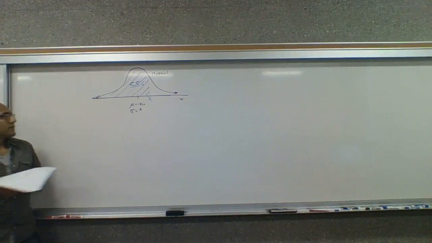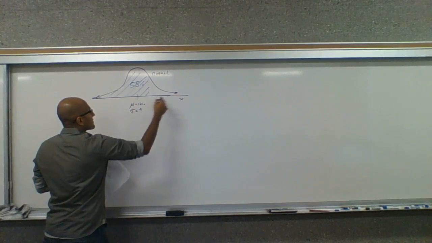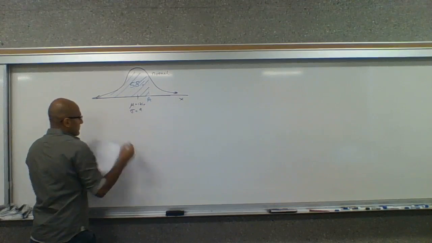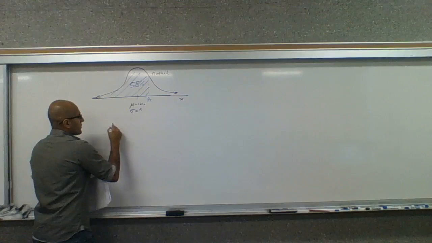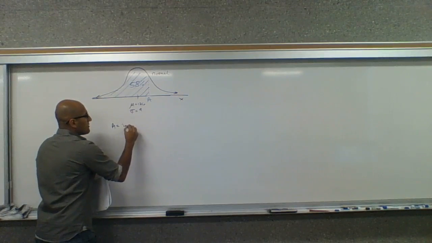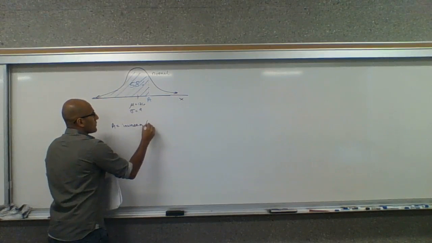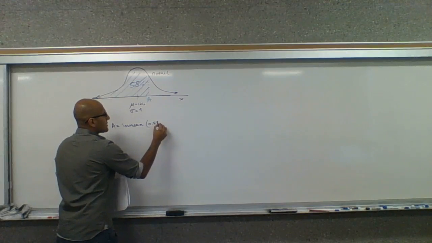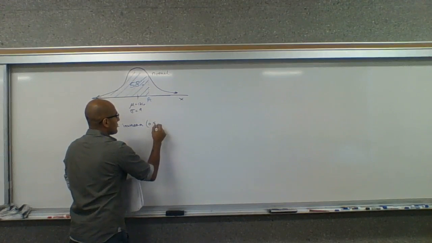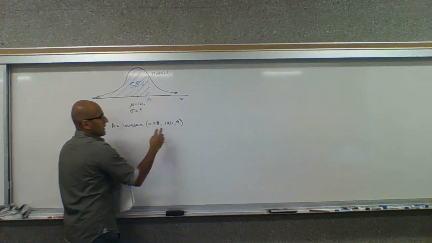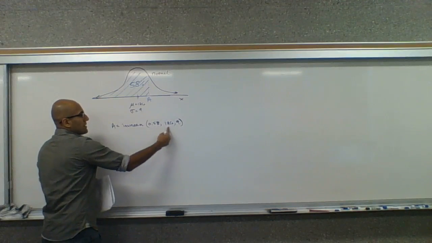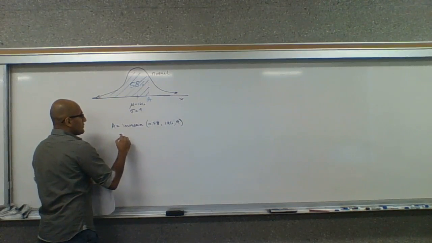That should be pretty easy, right? Well, let's use a instead of x, because that one's weird. So a is going to be equal to invNorm of 0.58, comma, 126, comma, 9, right? The area to the left, the mean and the standard deviation of the distribution.